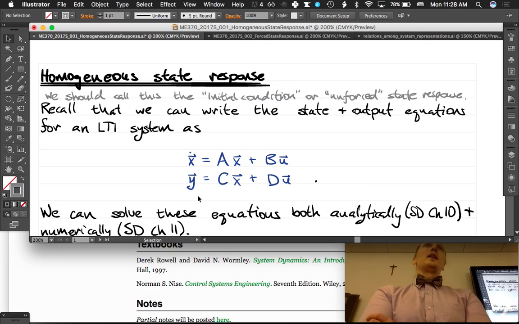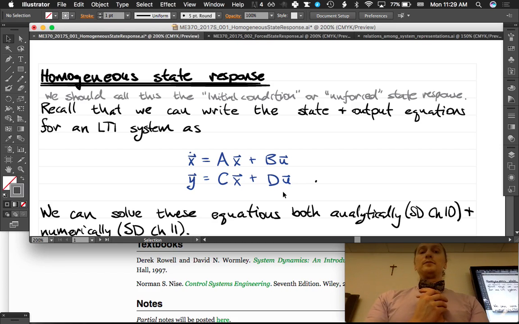They might just be the state variables. Oftentimes they are a state variable or maybe 2 or 3 state variables. Other times it's some combination of state variables and inputs. And so we may or may not need to use C and D to describe how those state variables and input variables contribute to the output equation.